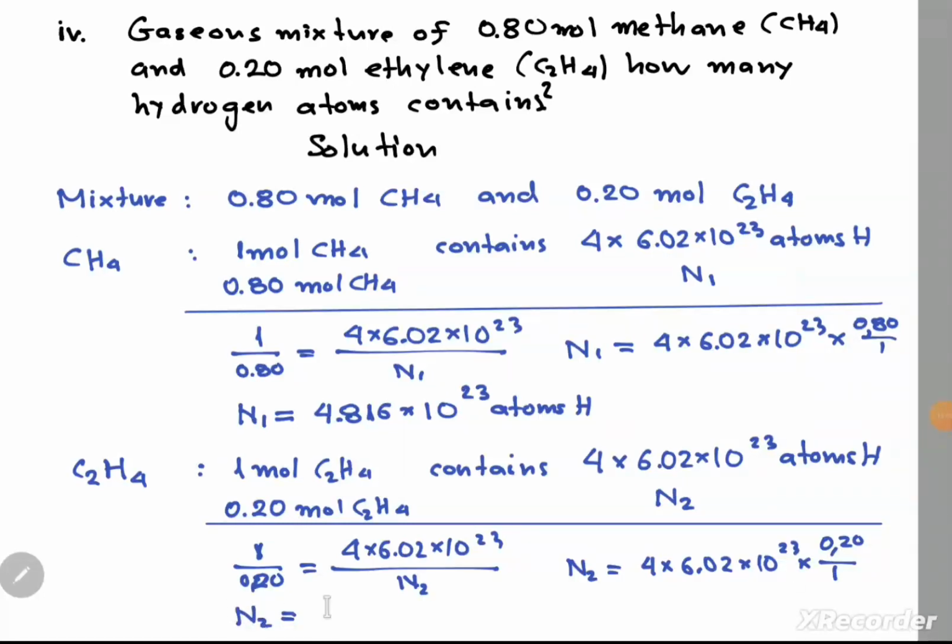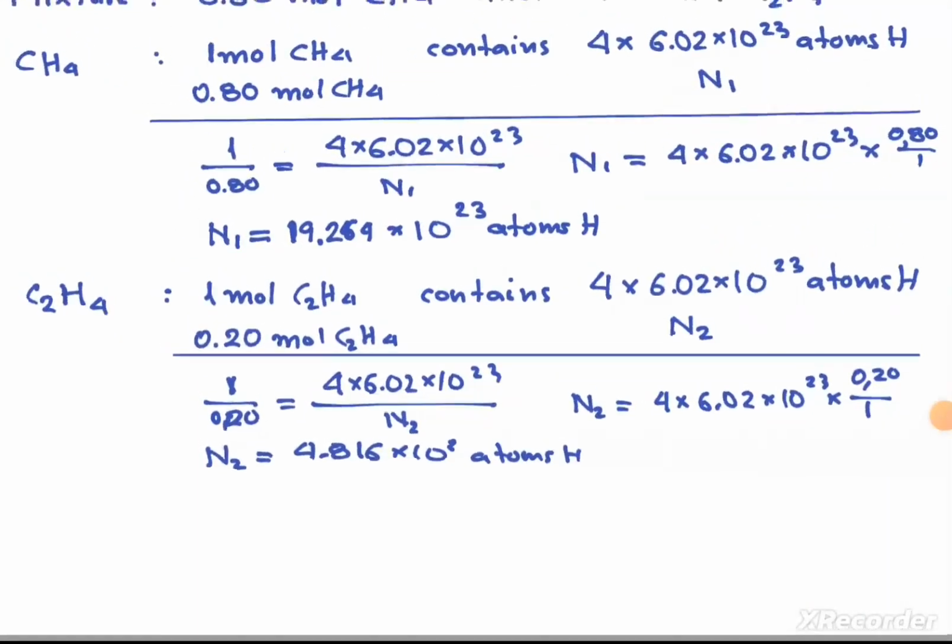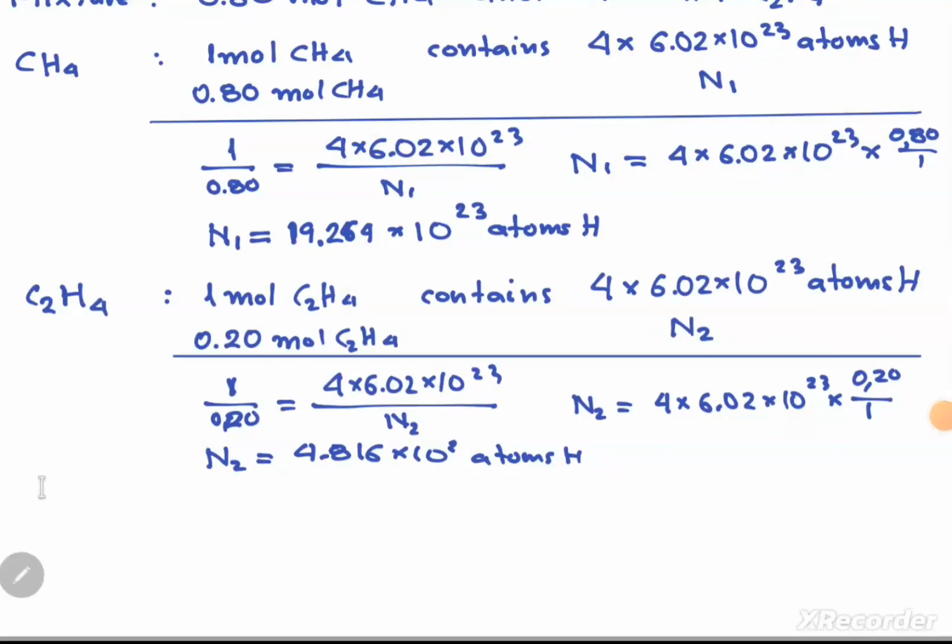And N2 is equal to... the first number is equal to 19,264 atoms hydrogen in the methane. So we have the total number of hydrogen.